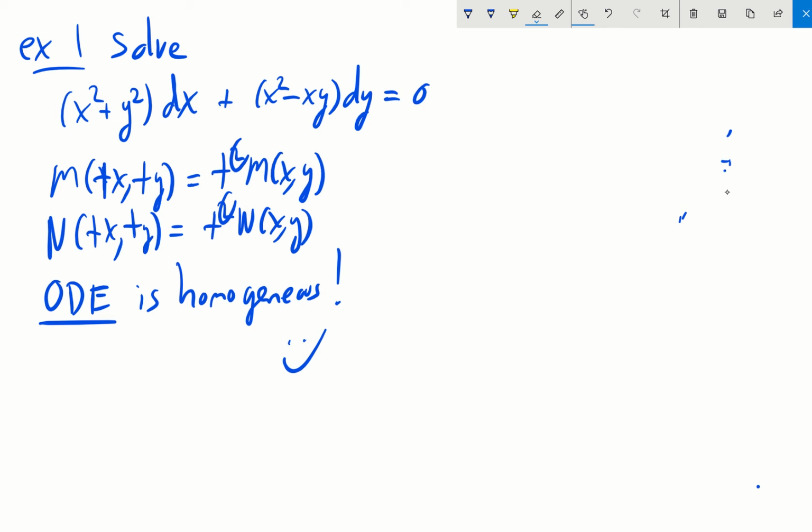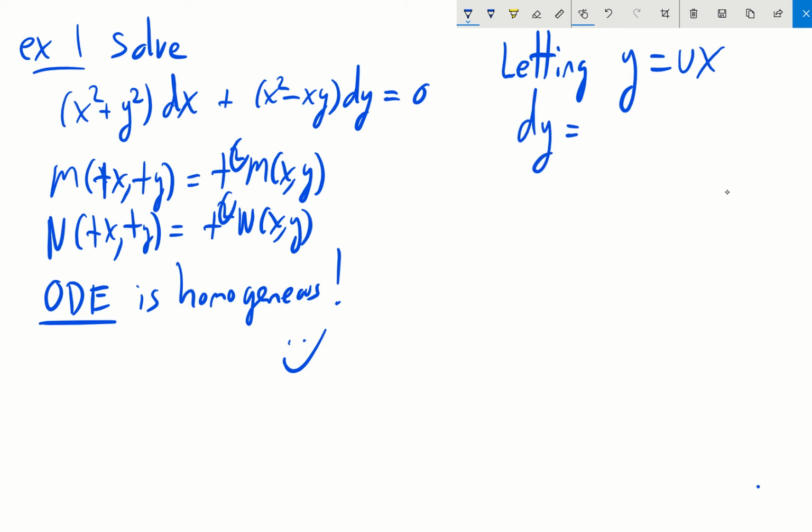So we should be able to solve this by letting y equal u of x. And then we know that if we let y equal u of x, then from the differential, dy is going to be equal to u dx plus x du.